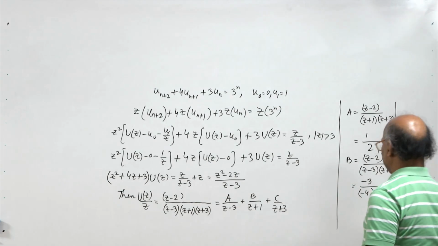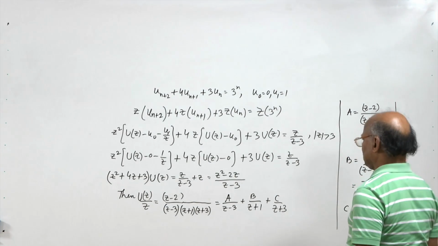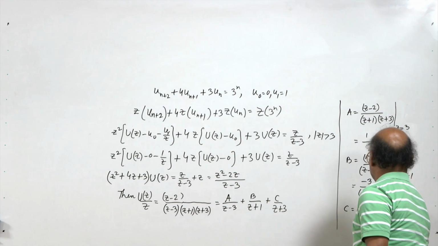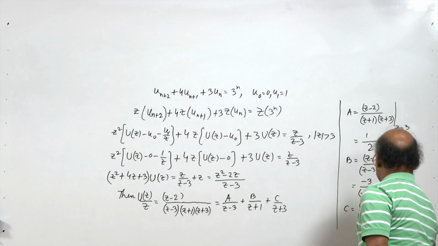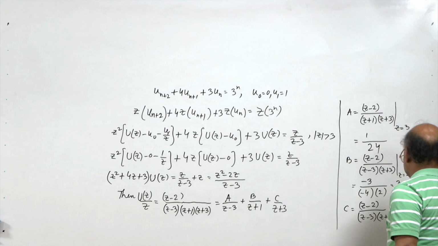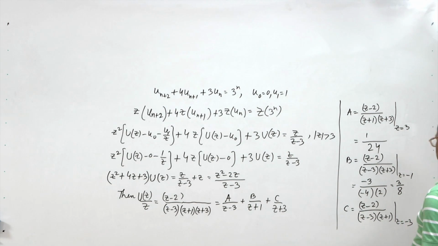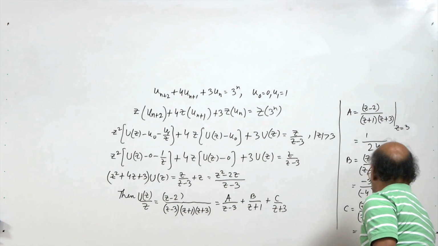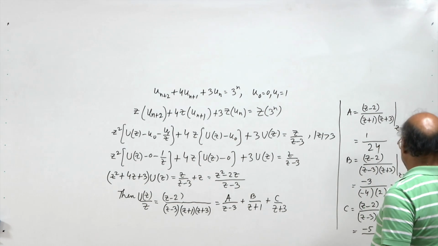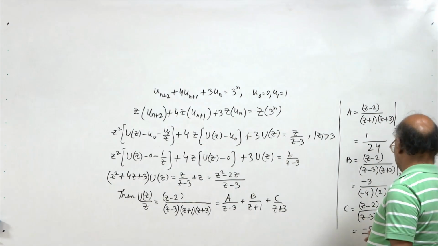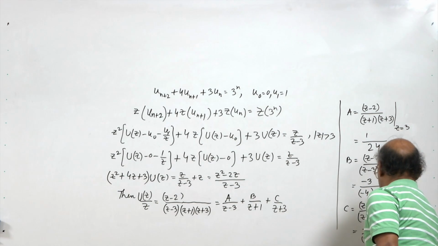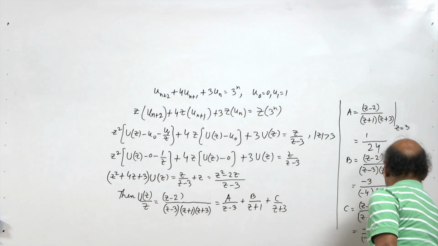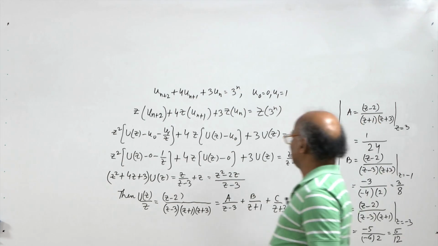And C we will have as z minus 2 over z minus 3 into z plus 1 evaluated at z equal to minus 3. So, this will be minus 5, and here we will have minus 6 into minus 2. So, 5 by 12.